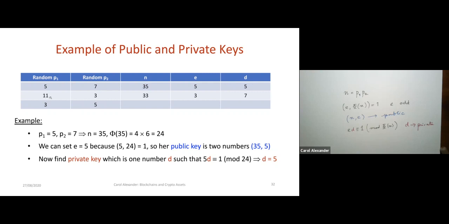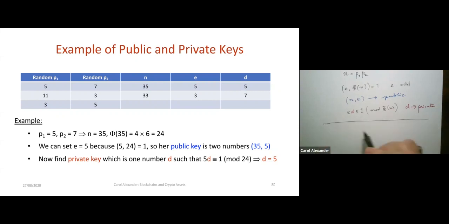Okay, it happens to be the same as E, but it's not always the case. For example, when p1 is 11 and p2 is 3, then n is 33, E is 3, and D is 7. Let's do this last one again. So we've got n is going to be 3 times 5, which is 15.